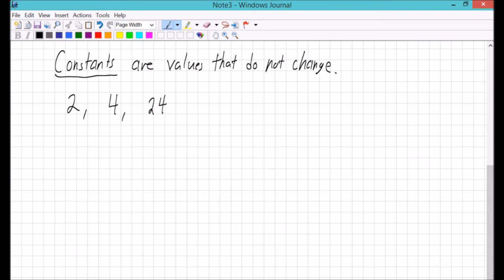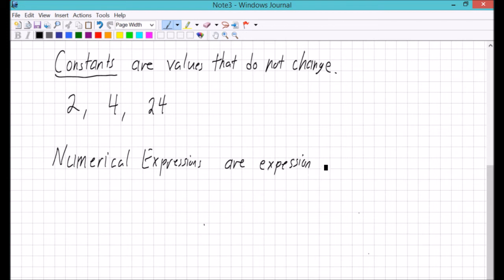Next up, we need to know what expressions are. There are two types of expressions. There are numerical expressions, and then there are algebraic. So we'll start with the first one. Numerical expressions are expressions that contain only constants.